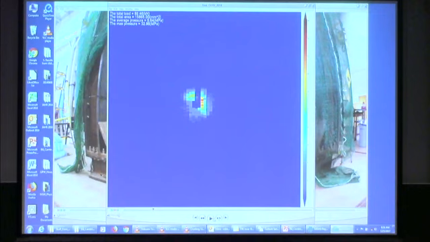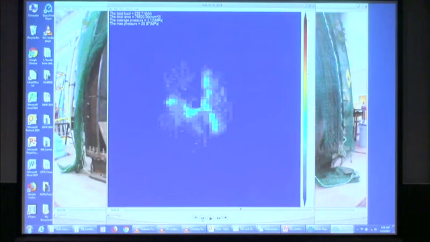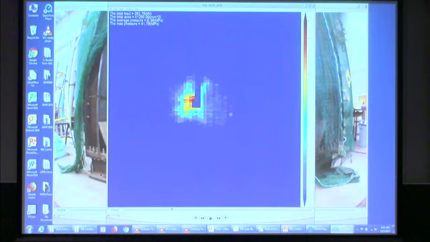Spalls are happening at various times, and the remaining ice is the hard zone ice. That carries on. The light blue stuff here is the actual crushed ice that's flowing away from the hard zone.